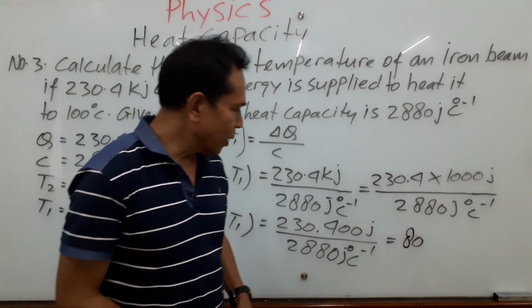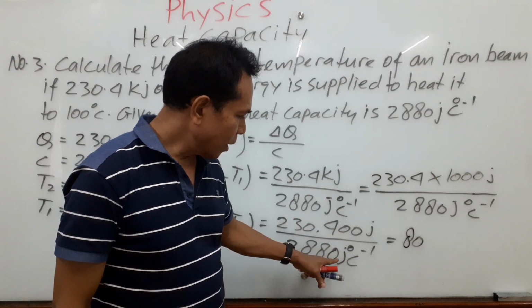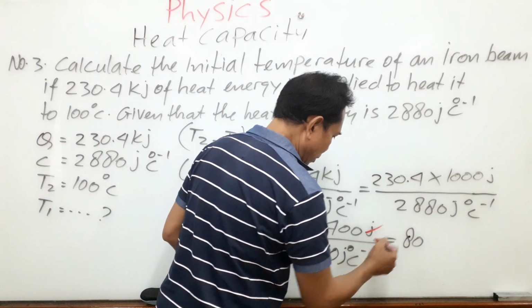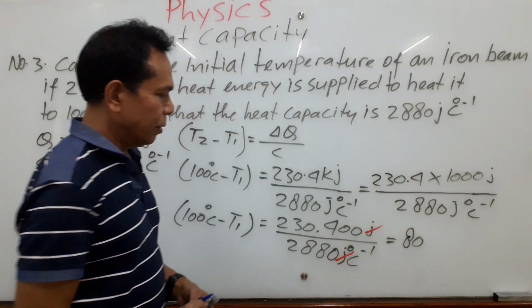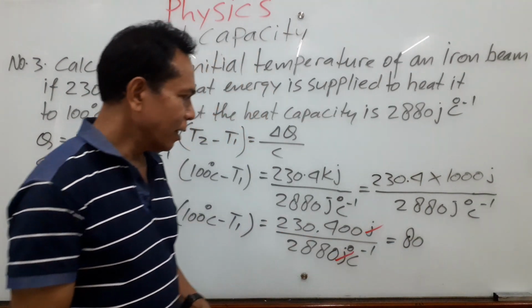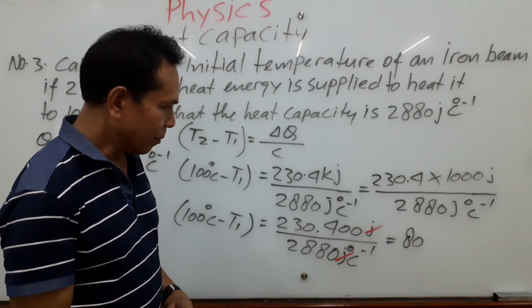Now we look at the units. We have joule here and joule here, so we cross them out. Now what we have here is degrees Celsius power minus 1.